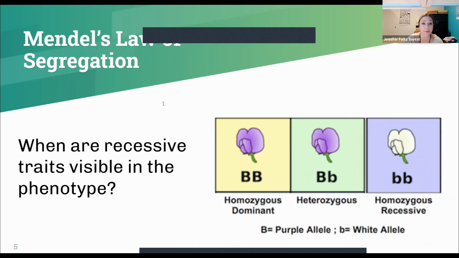So first of all, a genotype refers to the alleles that are present in an individual. So you can think of it as the letters that I'm using here. So genotype refers to the alleles present in an individual organism.